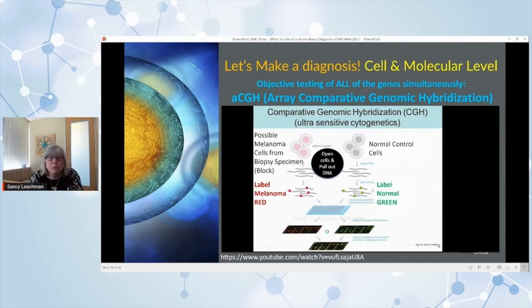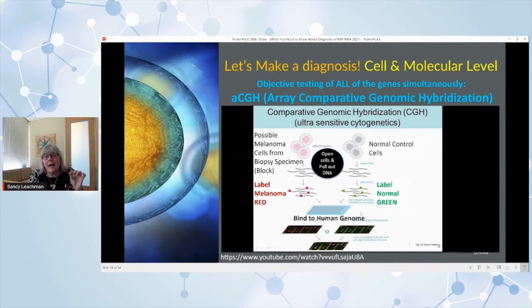And then you bind it to a slide, right? Now this slide is why they call it an array comparative genomic hybridization, because believe it or not, what is on this slide is the entire human genome. The human genome has about 3 billion DNA bases in it, 3 billion.